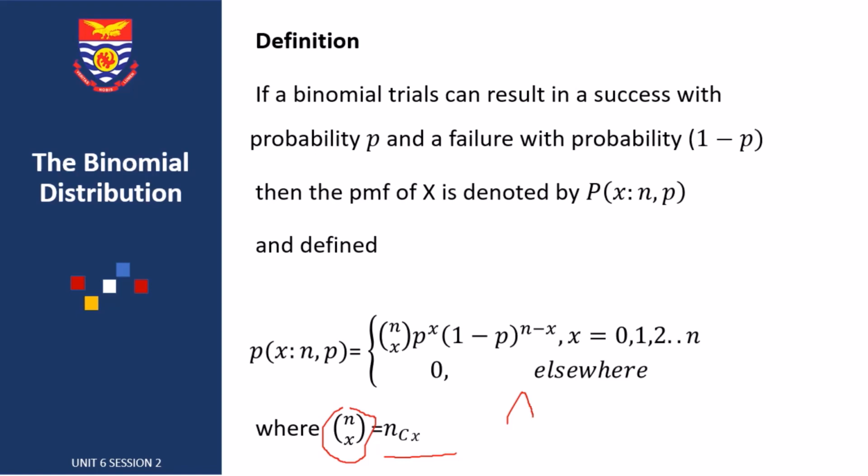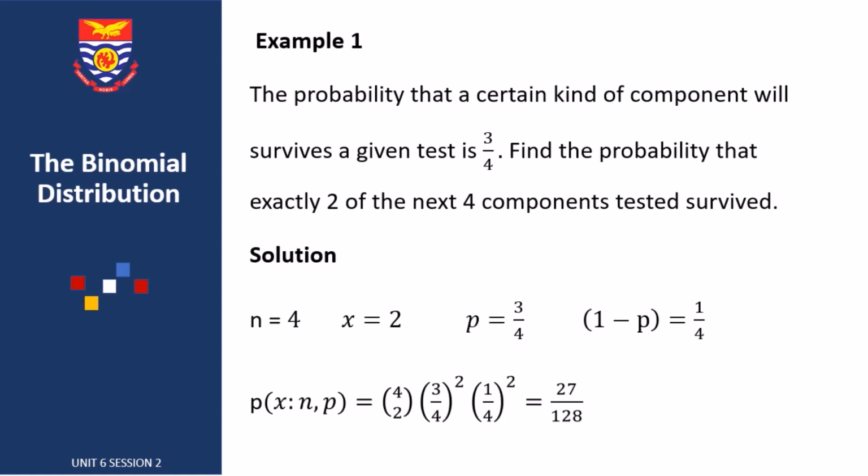Maybe let's work with an example to get the idea clearer. Example 1. The probability that a certain kind of component will survive a given test is 3/4.